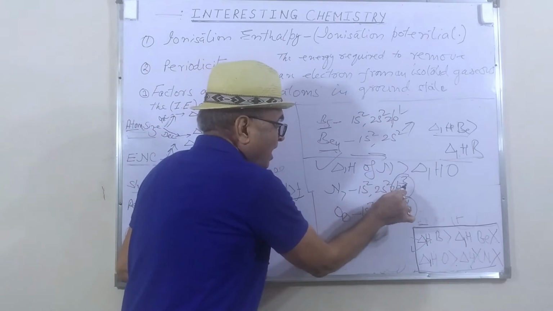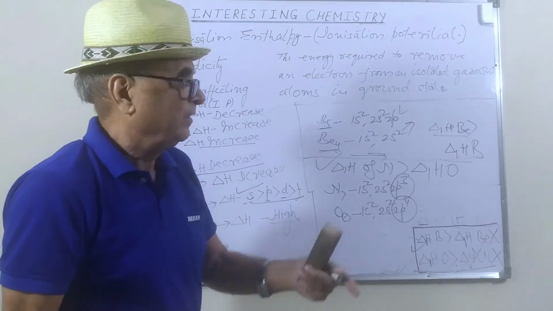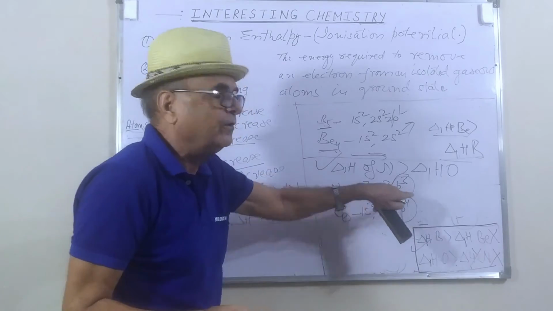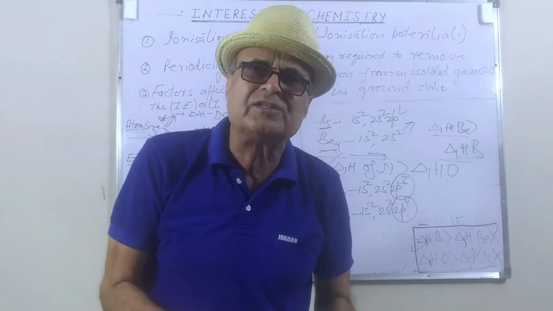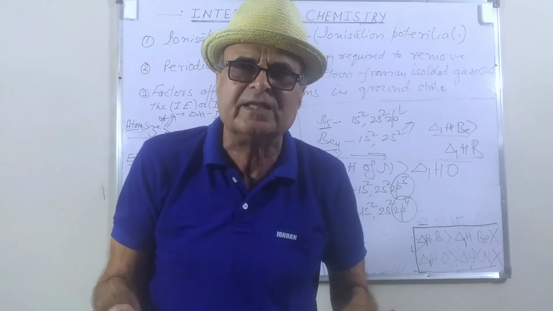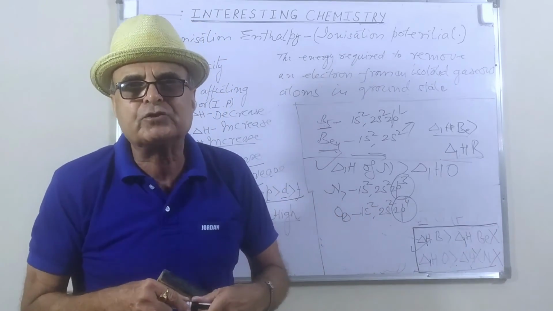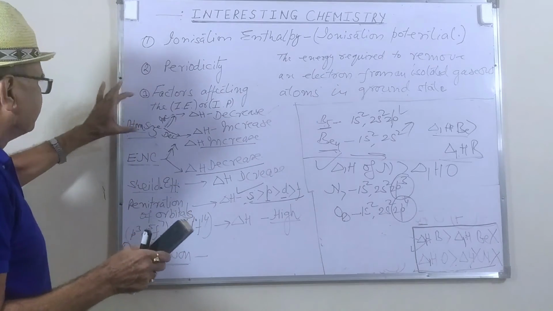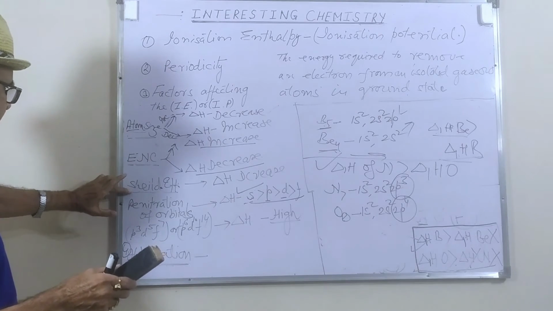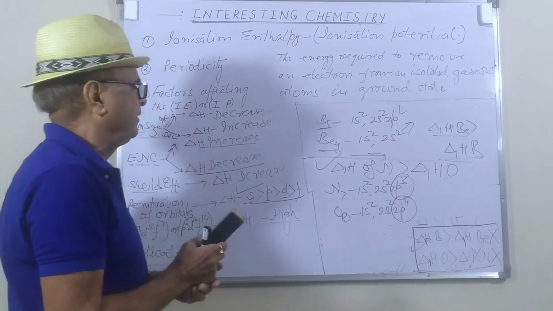The half-filled orbital is more stable than the unfilled orbital, so the removal of one electron from p3 will require more energy. Hence the first enthalpy of nitrogen will be greater than that of oxygen. I think you have understood the factors affecting it: size, effective nuclear charge, shielding effect, penetration effect, and the half-filled and full-filled orbitals.